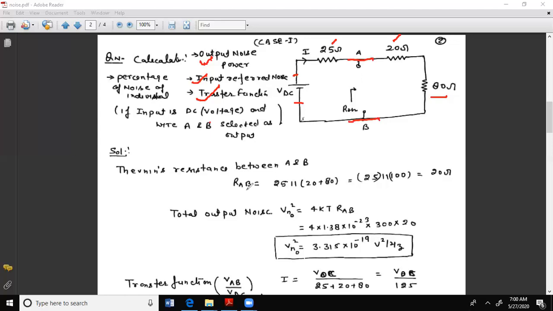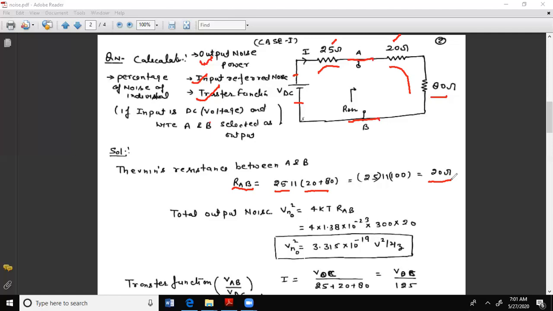So first, the Thevenin equivalent resistance between the terminals. When we are looking from the terminals A and B, this 25 ohm resistance comes in parallel with 20 plus 80. So the equivalent resistance at the output terminal is 20 ohm.